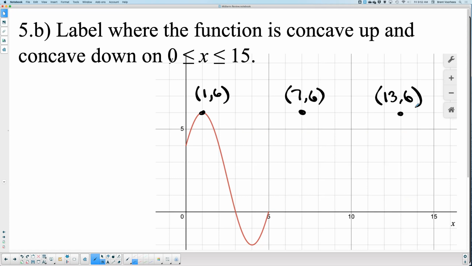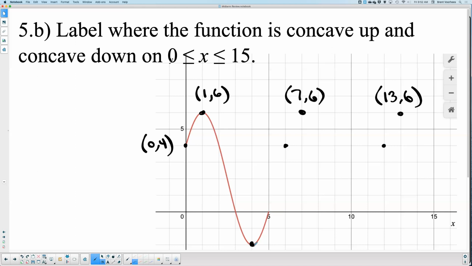Okay, now let's go with this point here. Where's that point? 0, 4. If I go 6 over, 1, 2, 3, 4, 5, 6. Okay, and how about the minimum?